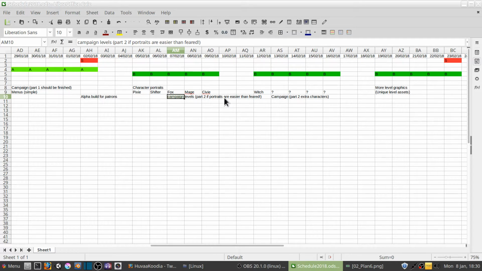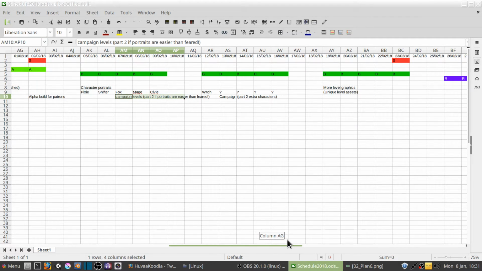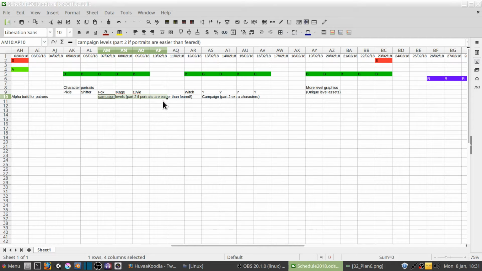So if I can just easily make kind of good looking portraits, then I can start making the levels. Then I know I can make the second part of the campaign. On the other hand, if I just struggle with these, then screw that. It's not gonna happen. No, it's probably not gonna happen at that point. Or then I'll just rewrite things.